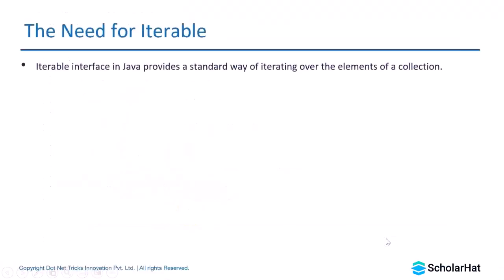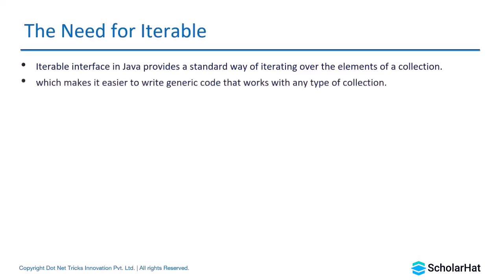The iterable interface in Java provides a standard way of iterating over the elements of a collection. Basically, the iterable interface is the root interface for the entire collection framework, which makes it easier to write generic classes that can be extended into the type list and can be iterated with the help of a for each loop.